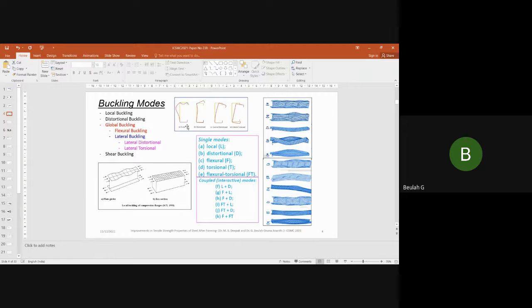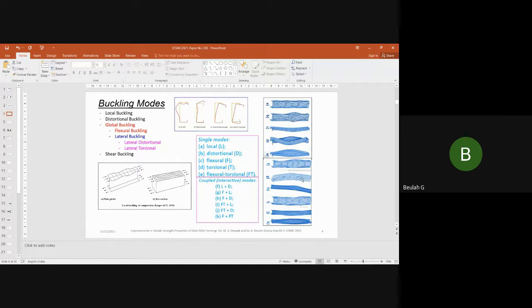These are some of the buckling modes I have highlighted here: local buckling, distortional, lateral distortional, and lateral torsional buckling. You have L, D, F, which are local, distortional, flexural, torsional, and FT, the flexural torsional buckling modes, possible in single sections or as a combination of these six, when you have multiple components, maybe one or two combinations of sections put together. So these are some of the failure buckling modes.